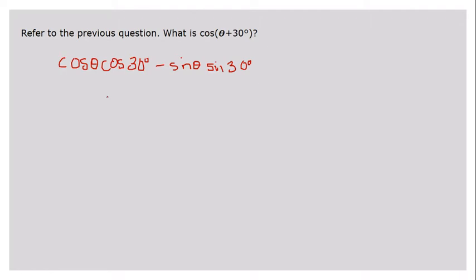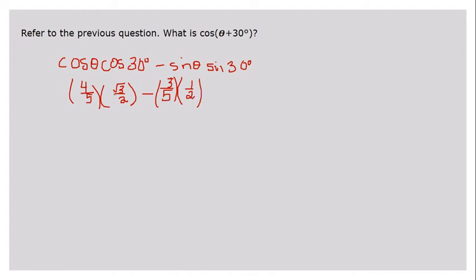When I look back at Lesson 26, my cosine of theta is 4/5. From the unit circle, cosine of 30 degrees is the square root of 3 divided by 2, minus sine of theta from Lesson 26, which is 3/5, times sine of 30, which is 1/2.